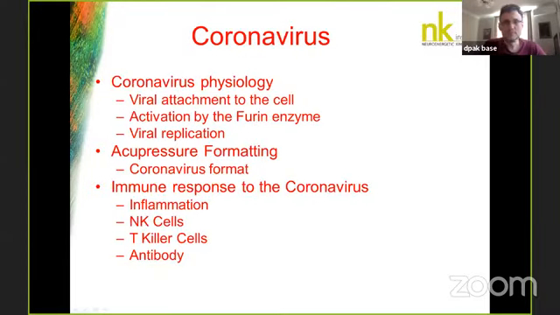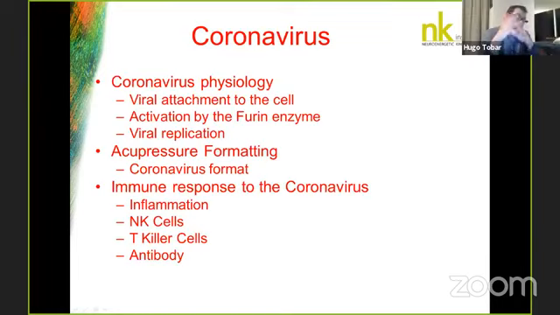And so we'll be looking at how the virus attaches to the cell, how it's activated by the furin enzyme, and how the virus is replicated.